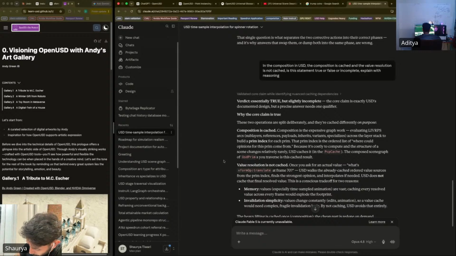Composition builds a prim index for each prim. That prim index is the ordered list.